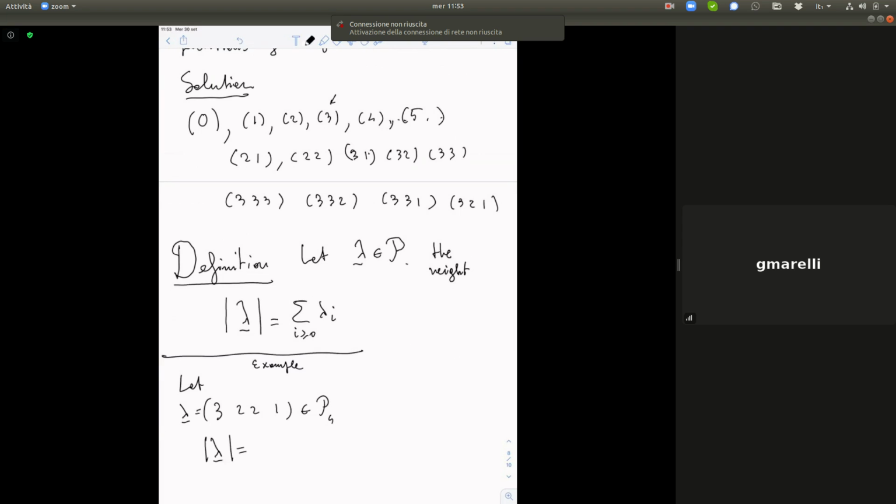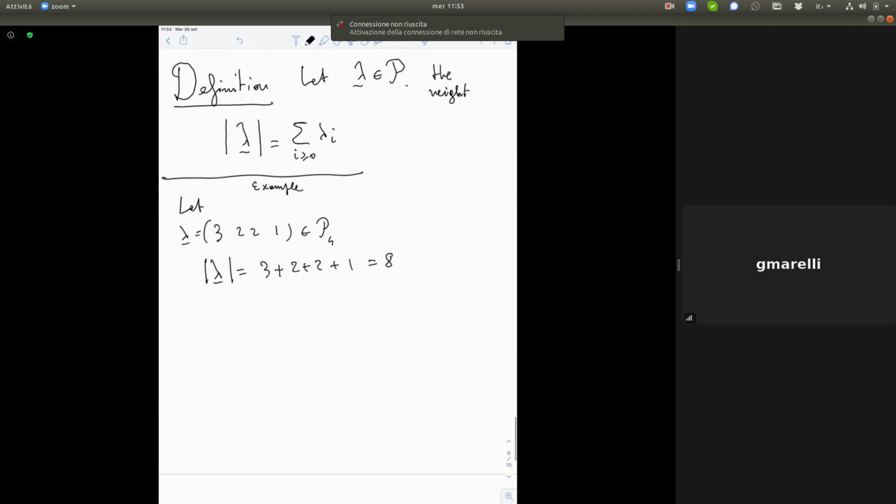The weight of lambda is 3 plus 2 plus 2 plus 1, which is 3 plus 5, 8. Maybe we are going to understand why the partitions are called partitions, because they are a partition of the integer corresponding to their weight.